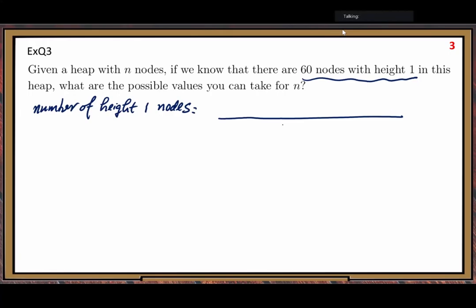For h equals 1, the upper bound is n over 2, floor function. The lower bound is n over 4, floor function, plus 1. So that's the range.